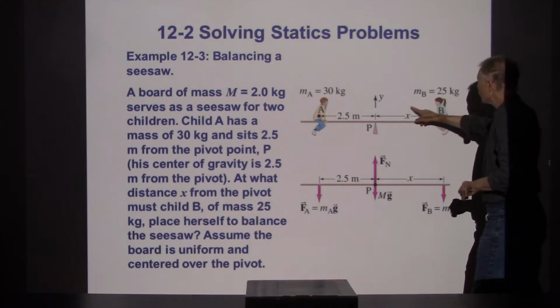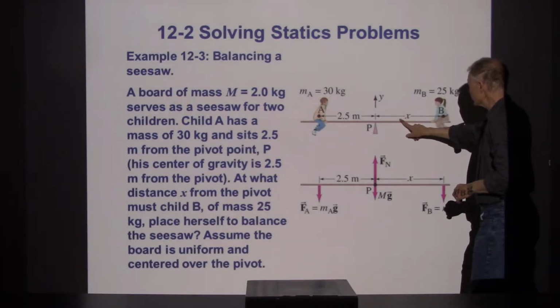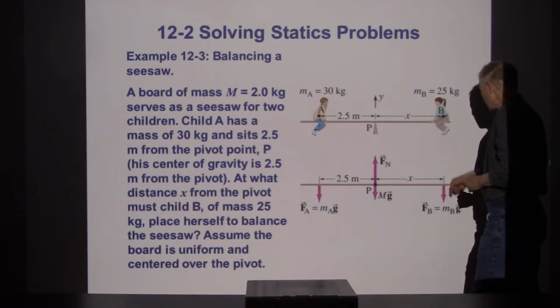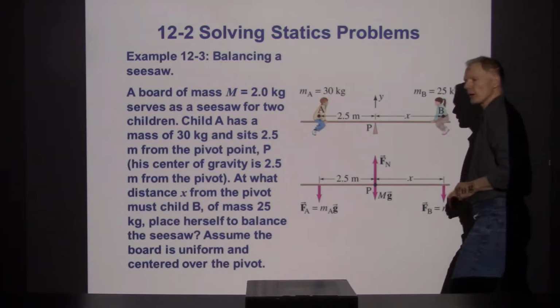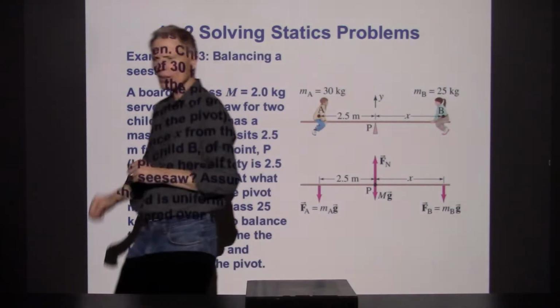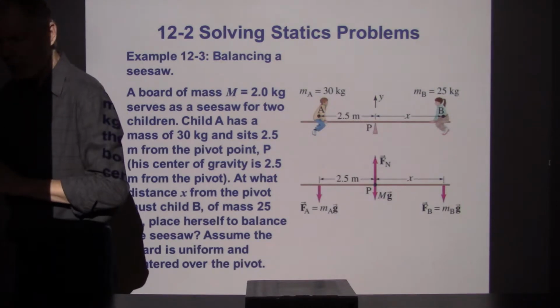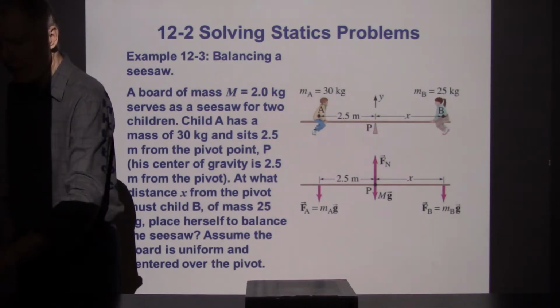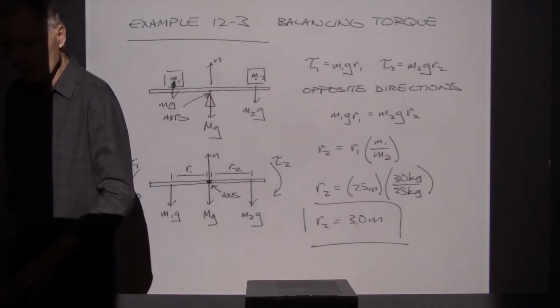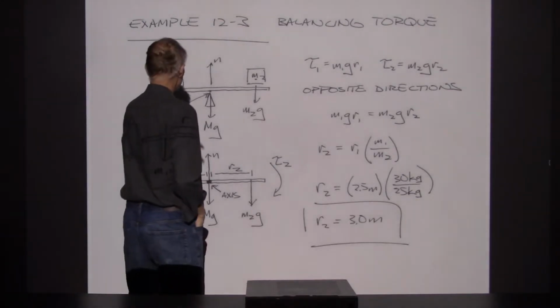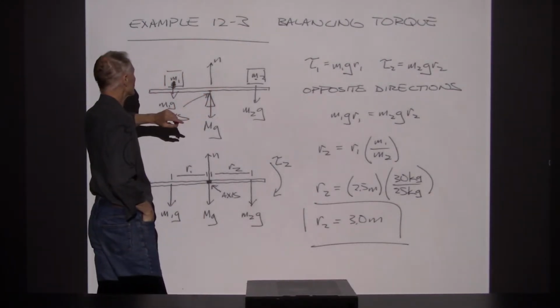And so we're trying to figure out what the lever distance needs to be on this side, because we've got a different gravitational force there. So we're expecting that on side 2, on the side of B, the distance is going to have to be a little bit bigger. So here we go. Here's the diagram. Let's take a look at the torques being created.